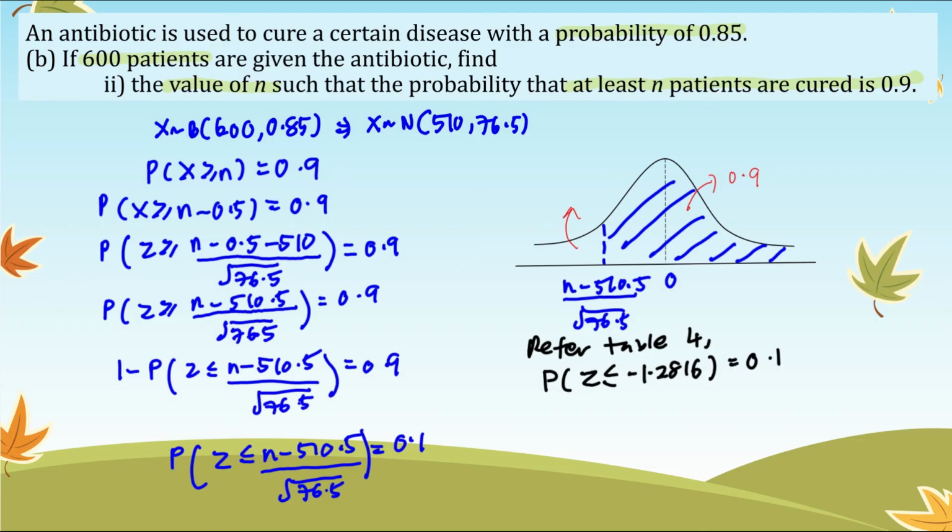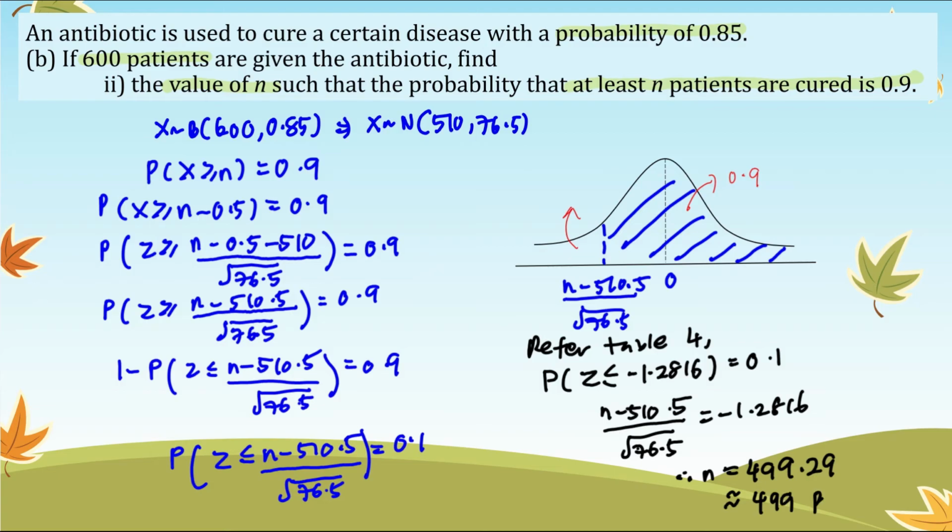Now we can find the value of n. (n - 510.5) / square root of 76.5 equals negative 1.2816. Therefore, n equals 499.29. We round off the value because it is the number of patients, so 499 patients.